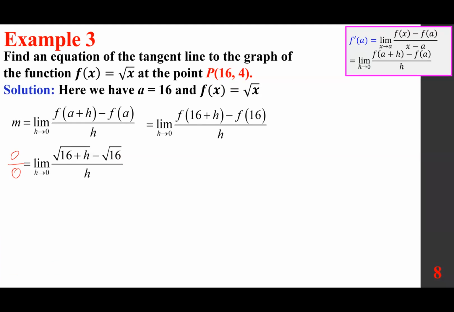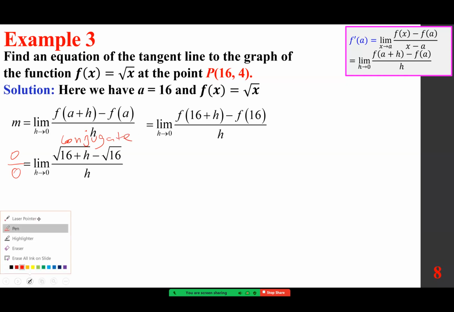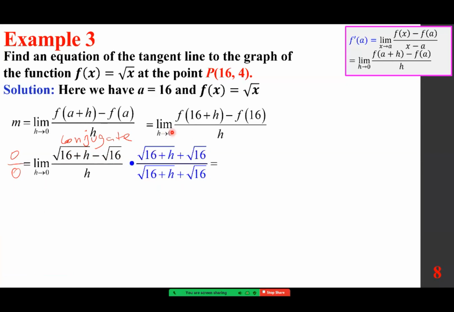What is that? Anybody? It's called the conjugate because we have a square root. So the conjugate of this is the same thing with the plus sign here. So we multiply and divide by it because this must be equal to 1, and it is. So the technique is called using the conjugate: multiply by the conjugate of the numerator and divide by it.